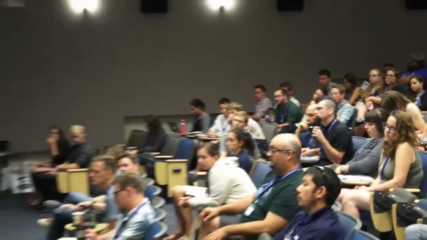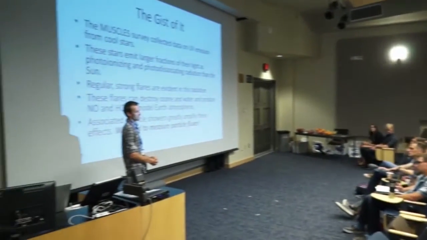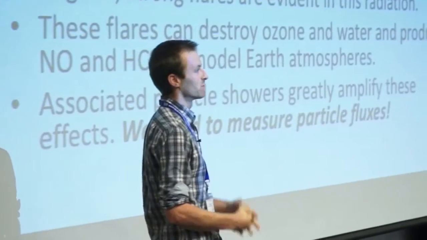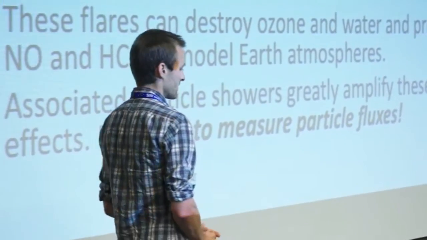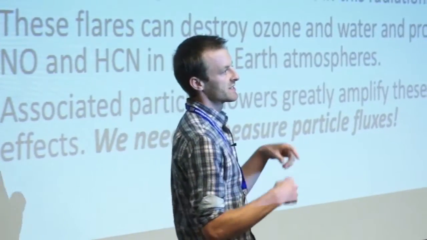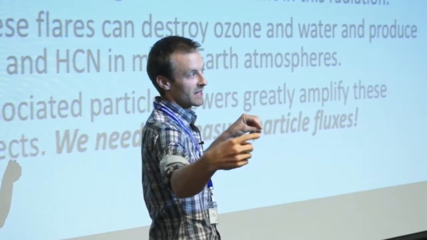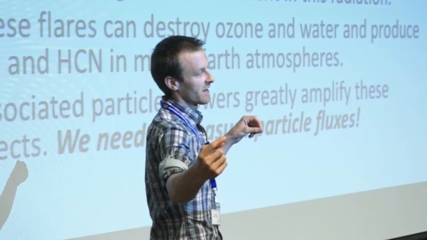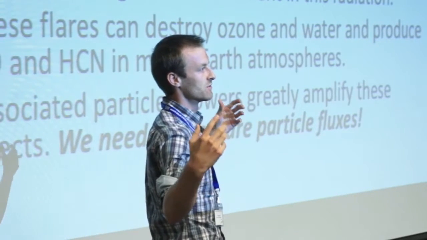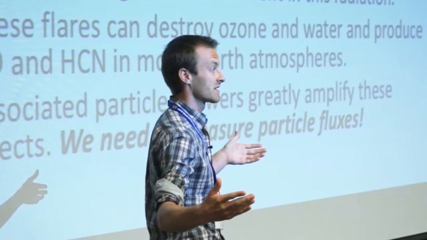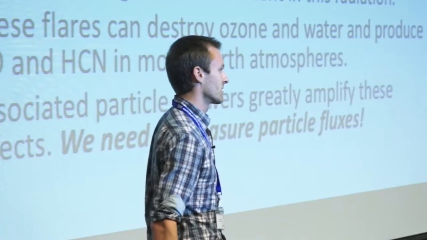Yeah, the most intriguing plan that I've heard, and hopefully I won't murder this because I don't know much about this particular type of observing, is that there's a group that is attempting to get radio observations where you could see emission from the particles as they spiral out on the magnetic field lines from the star. And that would be an awesome, basically direct measurement of the particle fluxes. So that's what I'm waiting for personally.